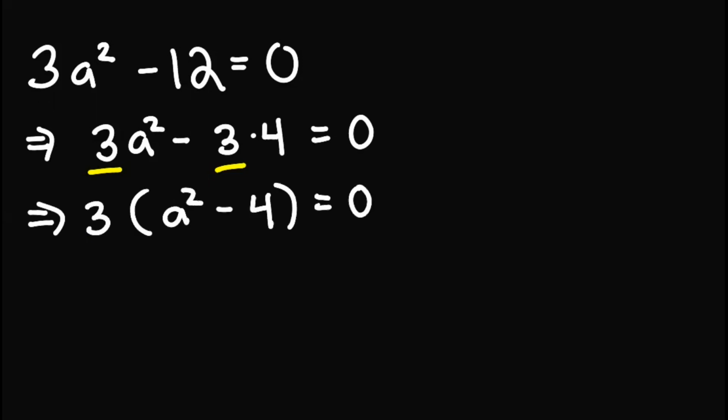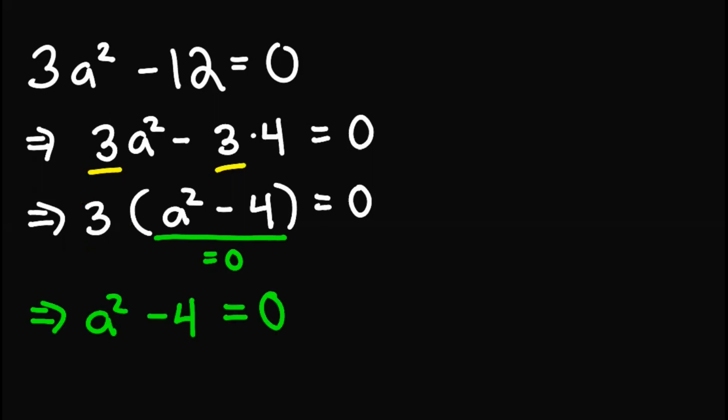Now from here, let's observe, when will this equality hold? Since 3 can never be 0, our only hope to make this true is to make this factor be 0. So we'll have a squared minus 4 equals 0.